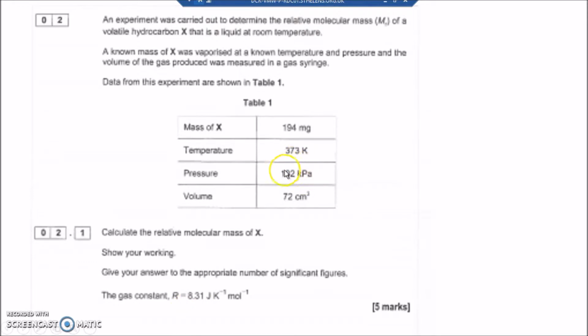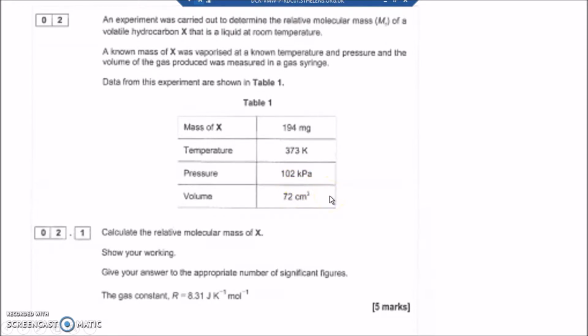Pressure should be in pascals. 102 kilopascals to turn into a lower unit of pascals, you multiply by 1,000, so that's going to be 102,000. Volume should be in meters cubed. It's in centimeters cubed. To turn centimeters cubed into decimeters cubed, you divide by 1,000, so that's 0.072.